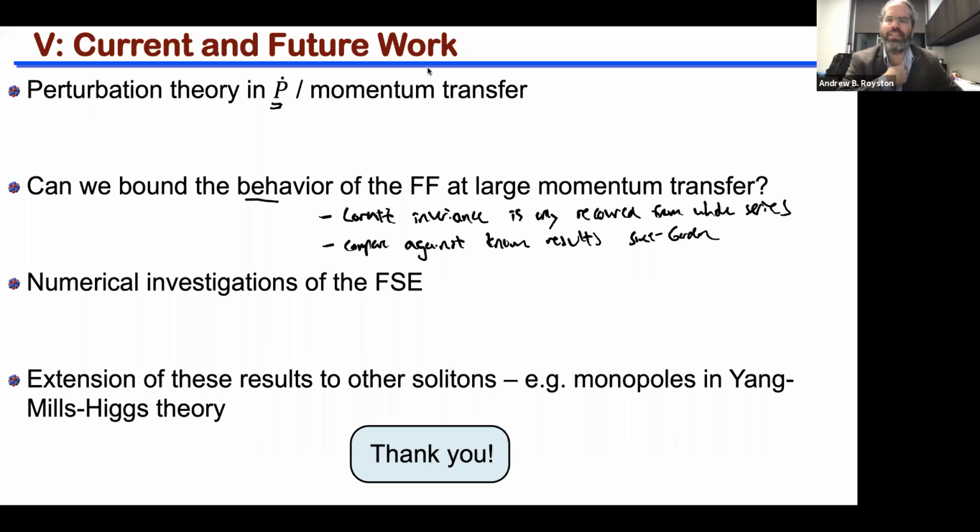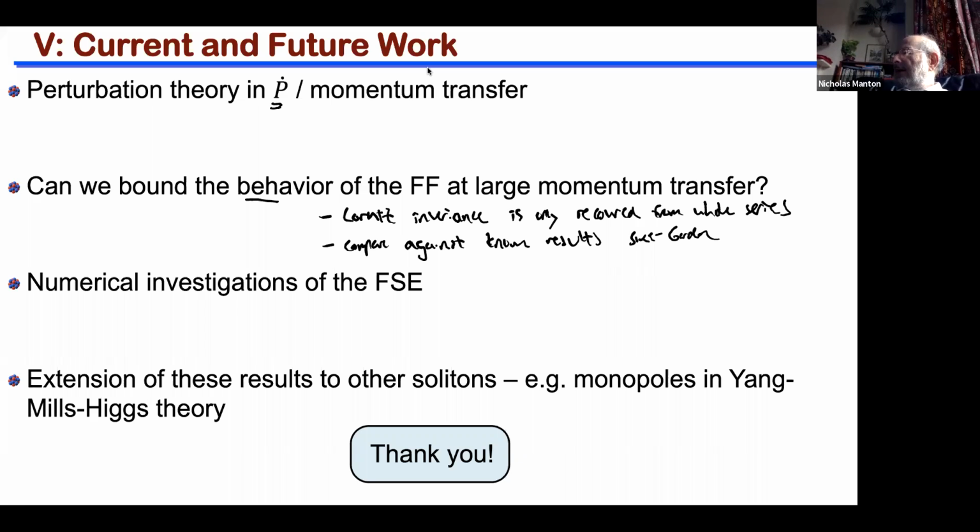Right at the beginning, you also talked about this interesting question about kink anti-kink pair production. Are you anywhere near being able to say things about that? No. What we still need to do is construct a numerical routine to solve the force soliton equation. If we do it numerically, then at least we don't need to assume small p dot anymore.